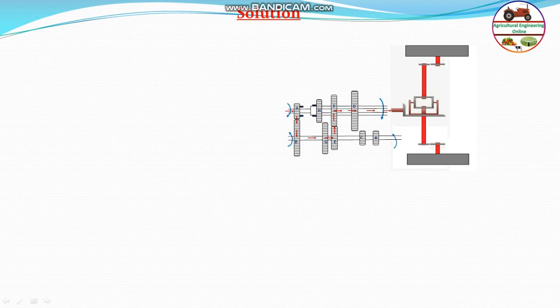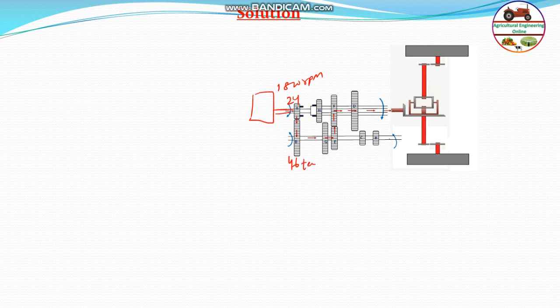First of all, the engine power and speed are given. Let us say the engine speed is here, giving a speed of around 1800 rpm. Then the input pinion, let it be A, has 24 teeth, which is in mesh with 46 teeth on the counter shaft.